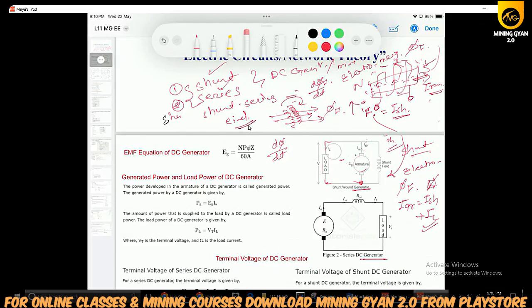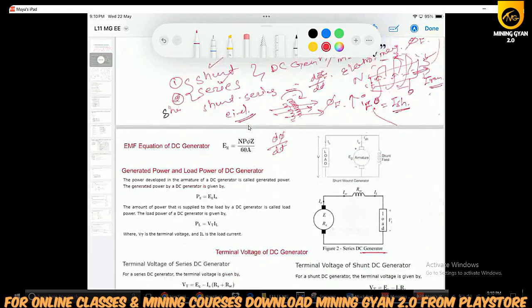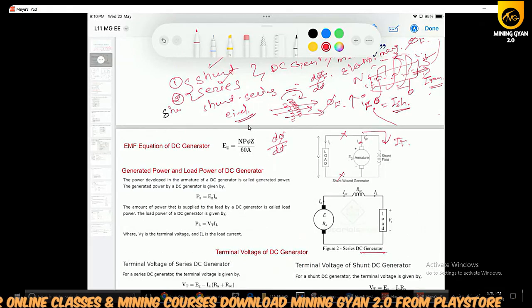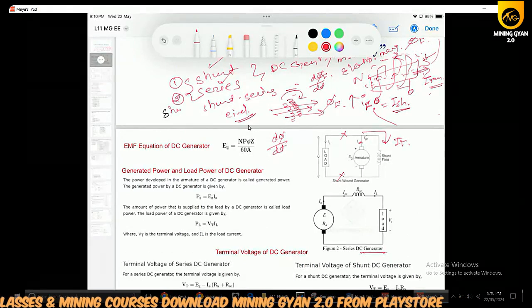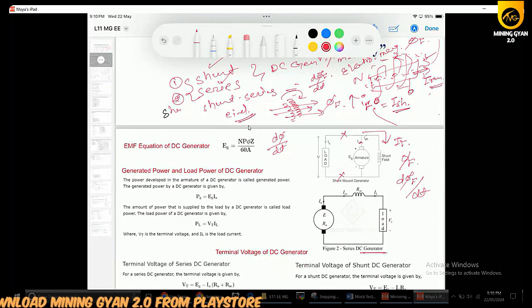In this case, first of all, we will operate it at no load, means the load is not connected. Then the whole current will flow through this such that there will be the flow of IF. When IF flows, obviously phi f will get generated, and because of d phi f by dt, your EG will get generated.